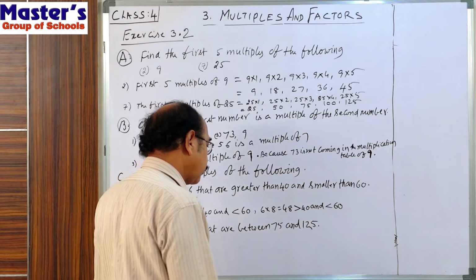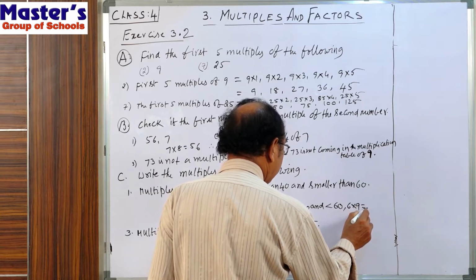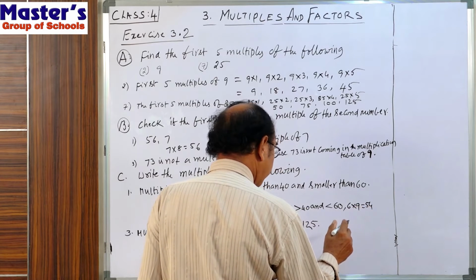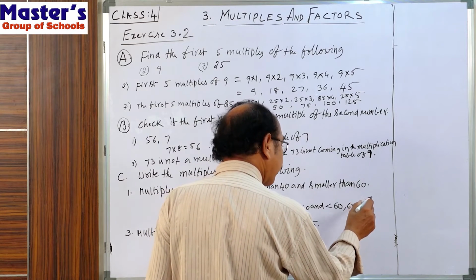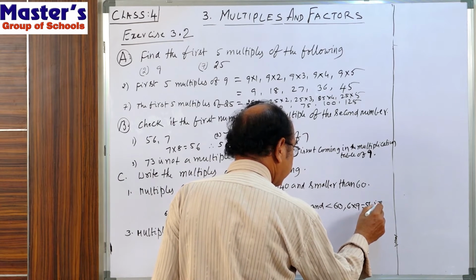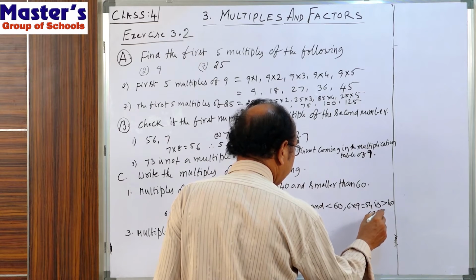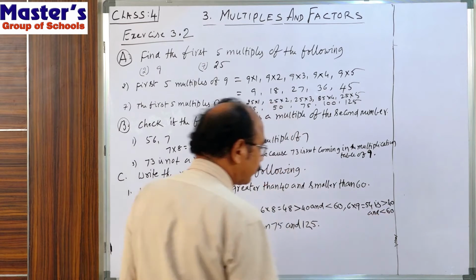Next. 6 9s are 54. 54 is greater than 40 and less than 60.